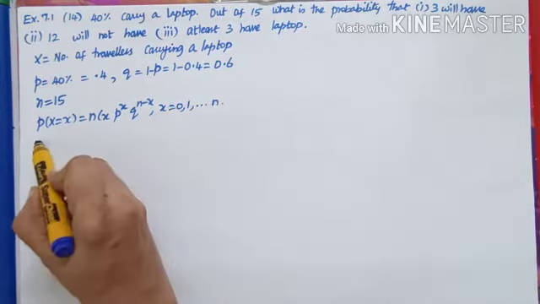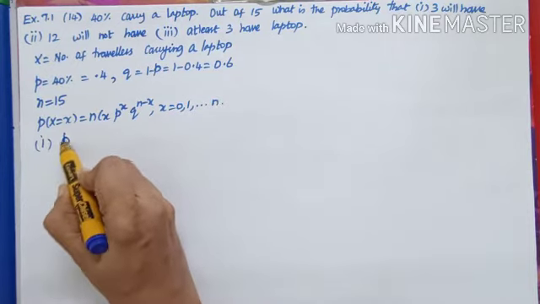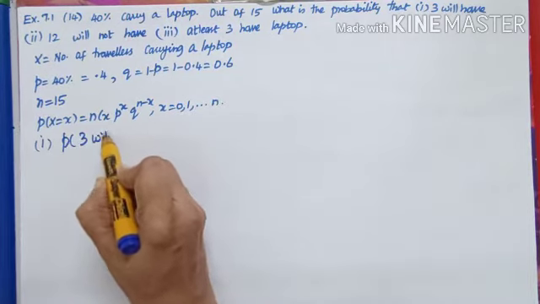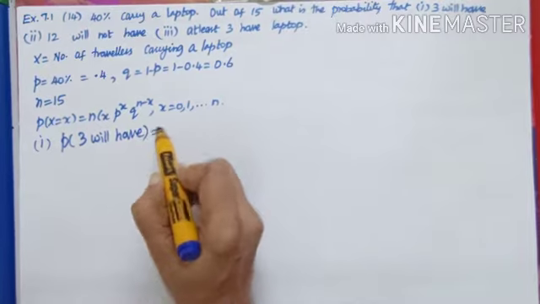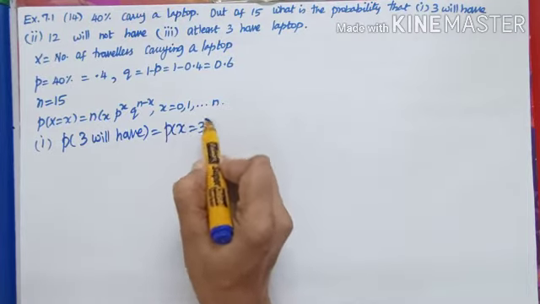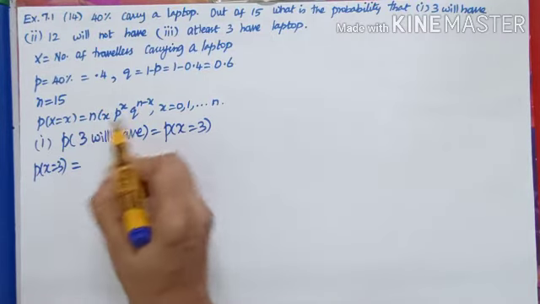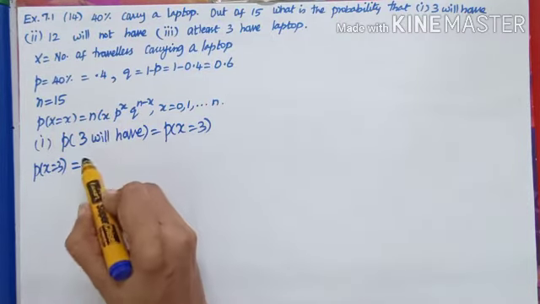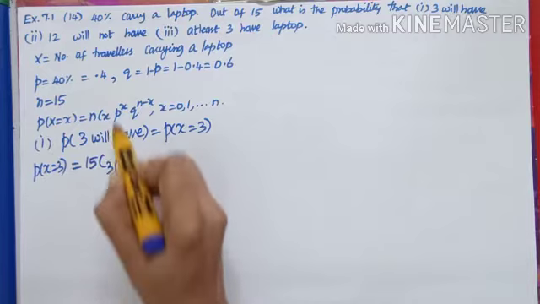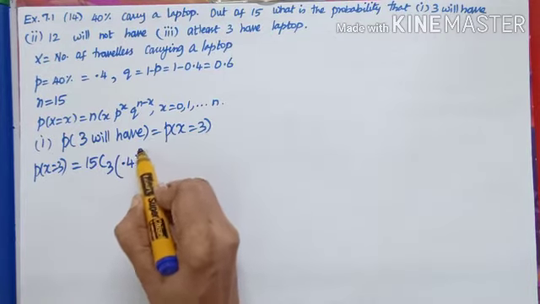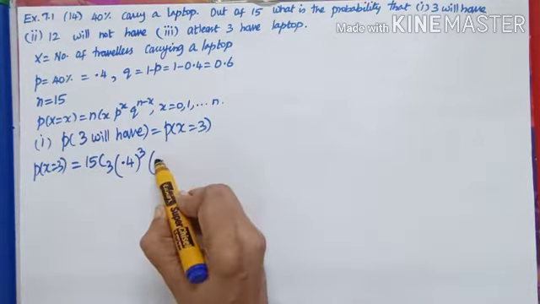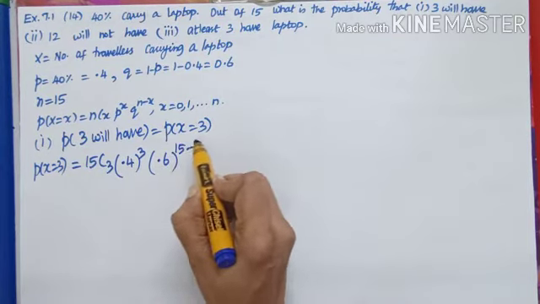The very first question is the probability that 3 will have a laptop. That is P of X is equal to 3. In the formula, let us substitute. Wherever X comes, 3. N is 15C3. P value 0.4 power 3. Q value 0.6 power 15 minus 3.